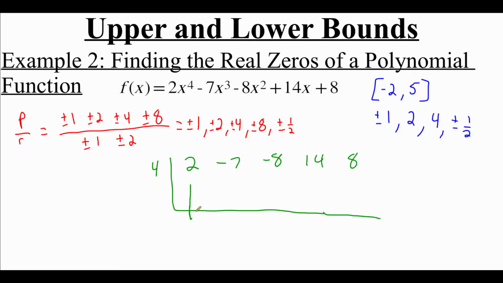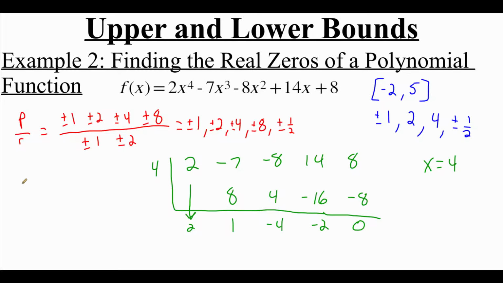Now I'm going to drop down the 2. 2 times 4 is 8. -7 plus 8 is 1. 1 times 4 is 4. -8 plus 4 is -4. 4 times -4 is -16. -16 plus 14 is -2. And 4 times -2 is -8. So we get a 0 remainder in there, which proves that x equals 4 is a 0 of my polynomial.